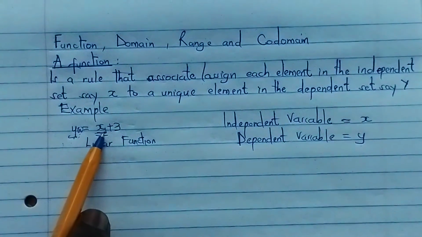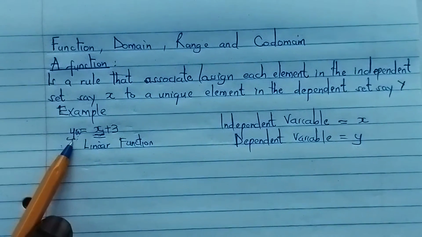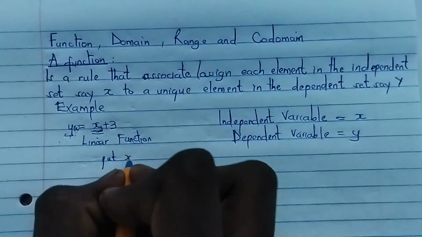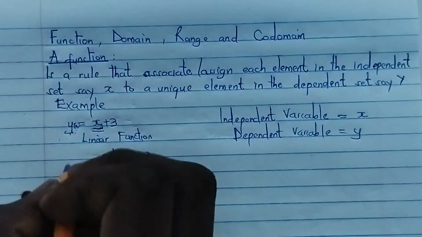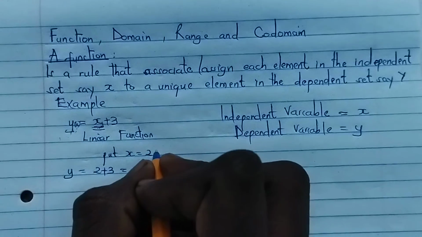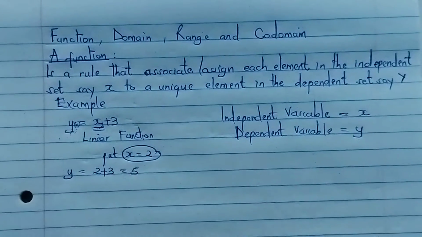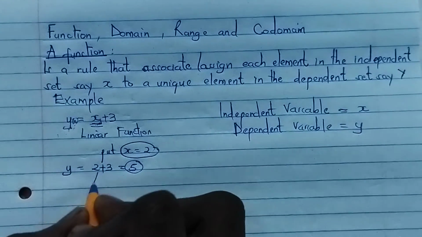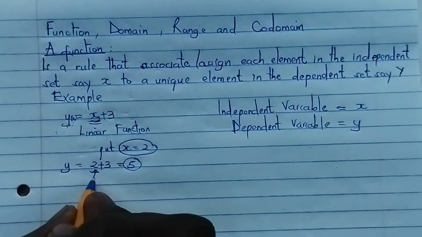For example, if you put x to be 2, then your y will be 2 plus 3, which is 5. So the x value is 2, which is not depending on y, but the y value is 5, which depends on the value of x for it to be known.